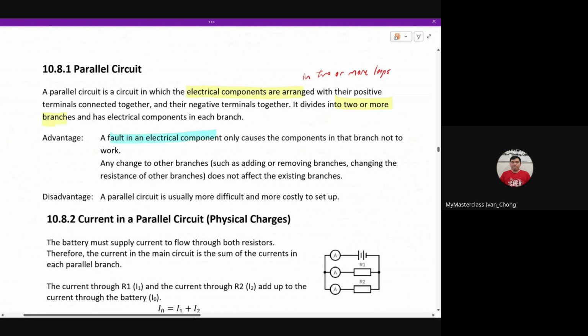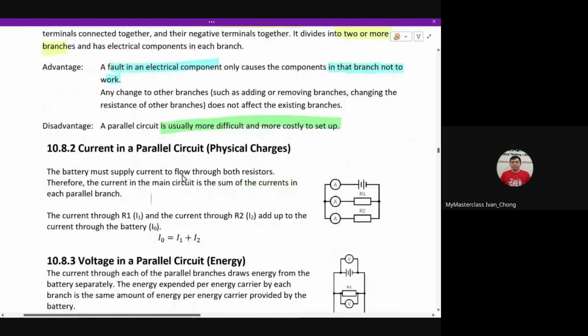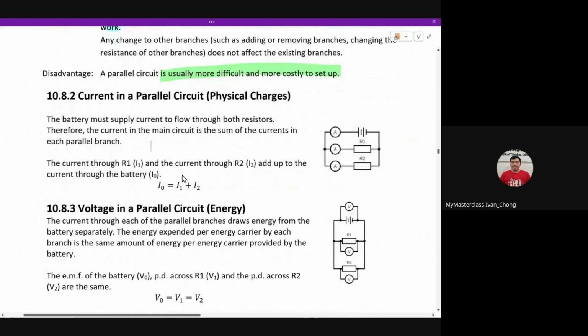A fault in a component only causes that branch to not work, which means your other branches can still function properly. But the problem is, it's more difficult and more expensive. So you can see that your series and parallel are actually opposites of each other. The advantage and disadvantage are the flip of each other.